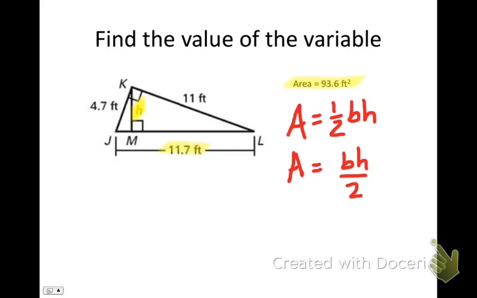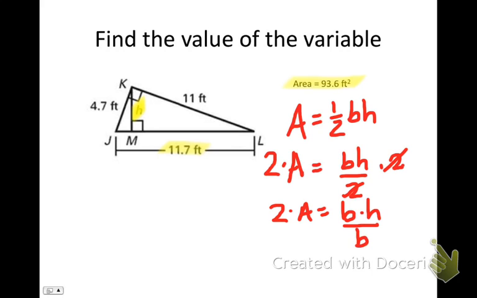We want h on one side of the equal sign by itself, so we'll start undoing what's being done. The first thing we'll do is multiply both sides by 2 to get rid of this 2 down here. Then we have to divide both sides by b. Let's do a mid-step here: 2 times the area will be equal to base times the height.